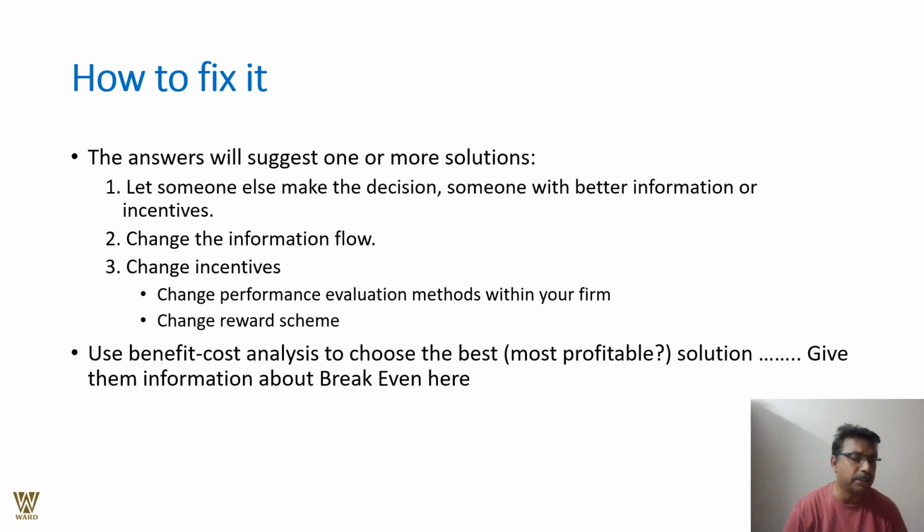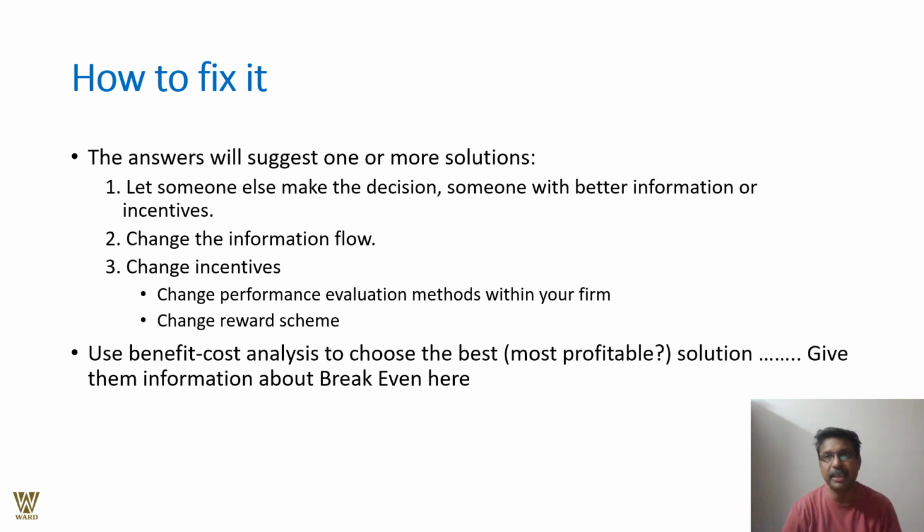This brings us to the last issue of what managerial economics is all about: how to fix them. This is important. The answer will suggest one, probably more, solutions. Let someone else make the decision, someone with better information, someone with a better incentive. Change the flow of information, change the incentive, change the performance evaluation method within your firm, change the reward scheme.